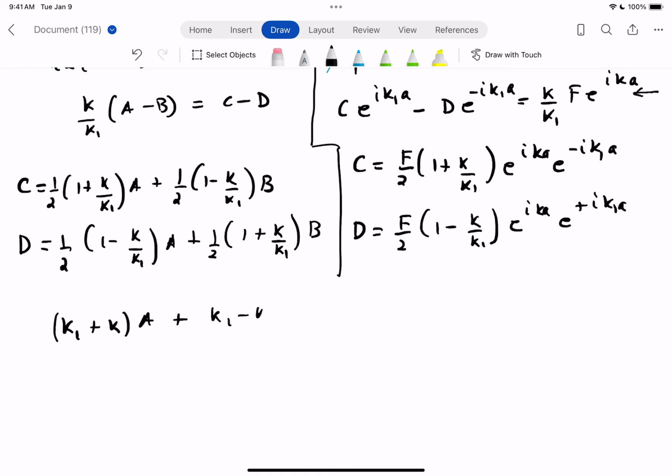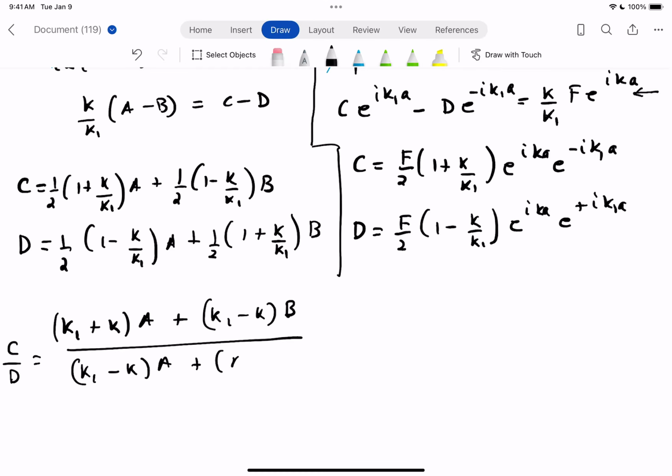So K1 minus K, and also the half will cancel out. So C over D is K1 minus K A plus K1 plus K B. So that's what I'm getting on the left hand side.